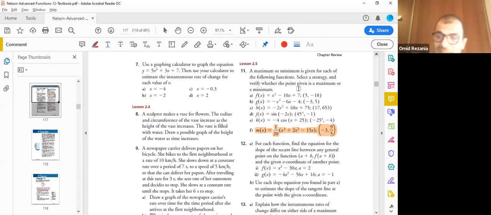The thing that we do is that we are looking for the local maximum or minimum, to find for equation number F, if that point, which is -3 and 9.5, is a local maximum or local minimum.